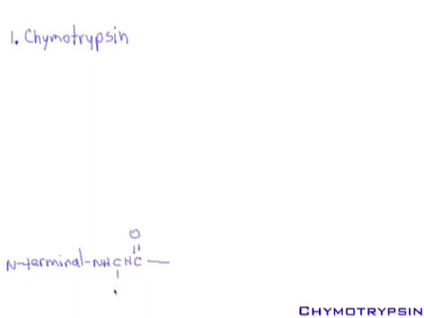The CH will have an R. Now, this is attached to NH. We have a CH. I'm going to call this R prime. C double bond O. And that's our C-terminus.